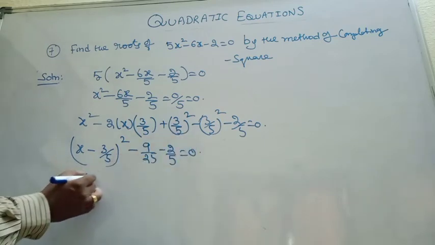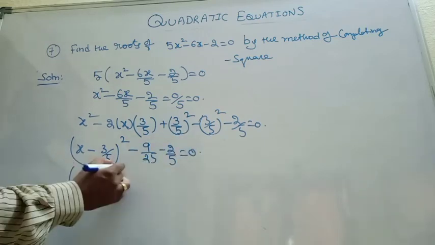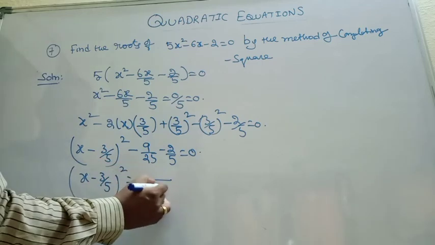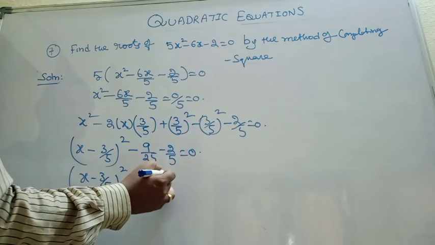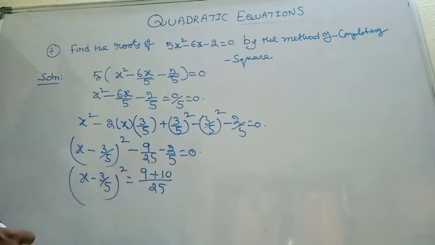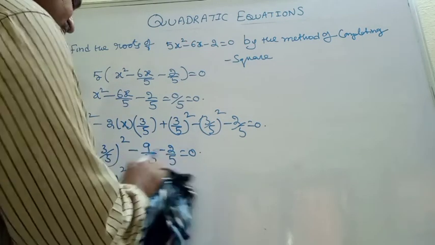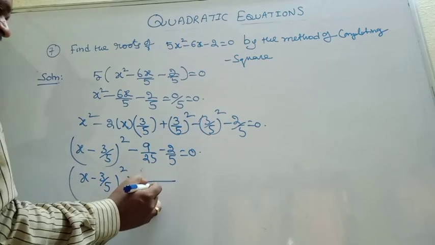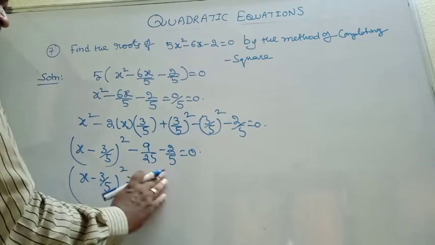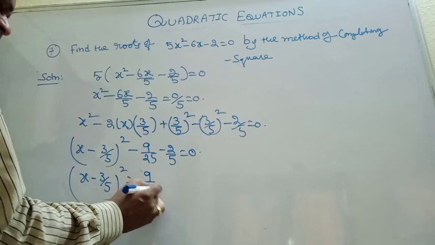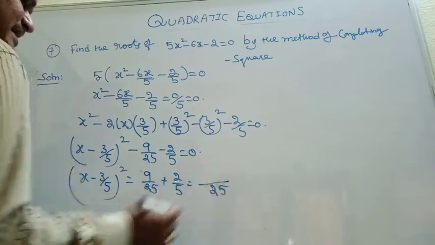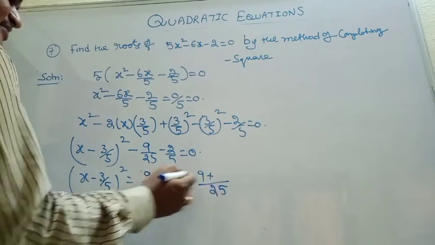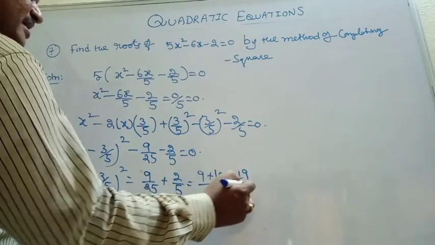Now x minus 3 by 5 whole square is equal to 9 by 25 plus 2 by 5. No need to confuse here; we will do it step by step in a proper way. Now if you take 25 as LCM, this is 9 plus 5 twos, 10. This is now 19 by 25.